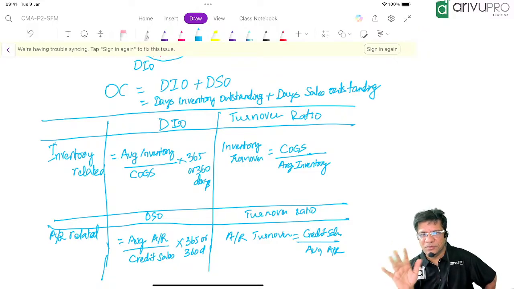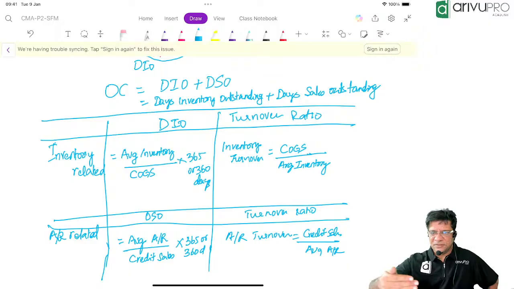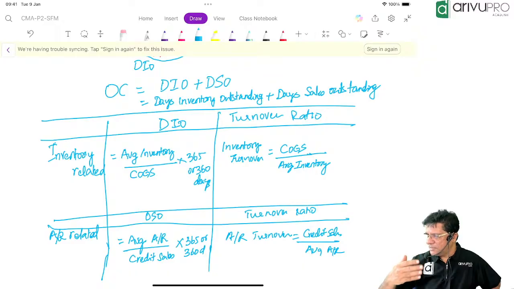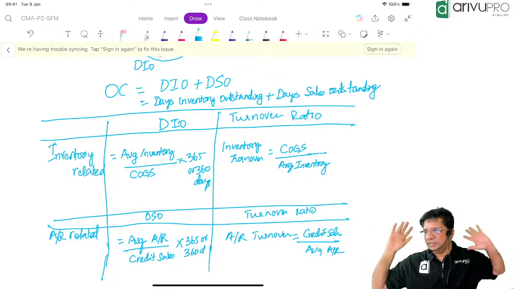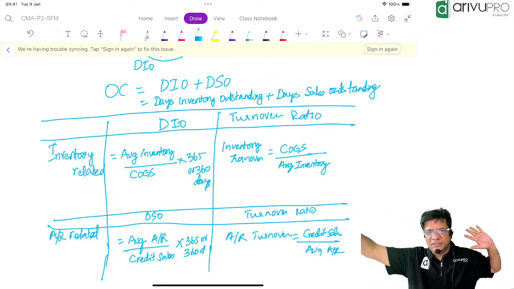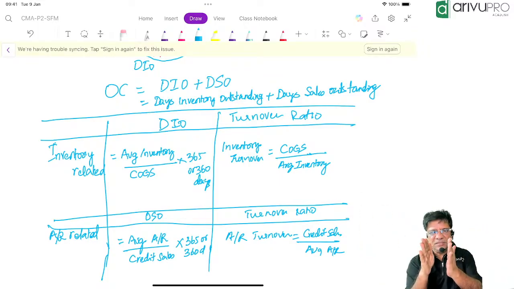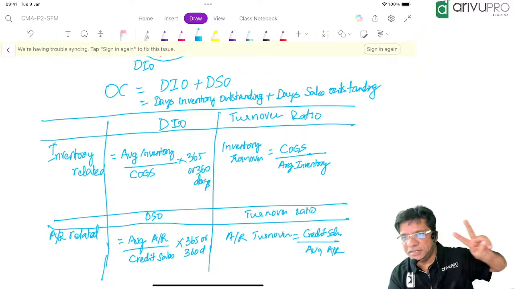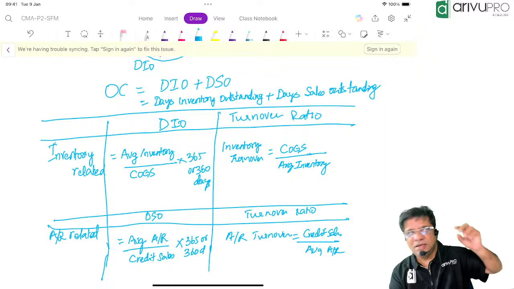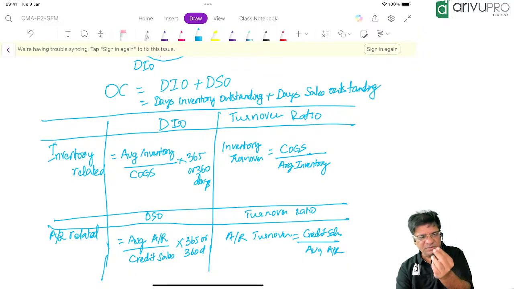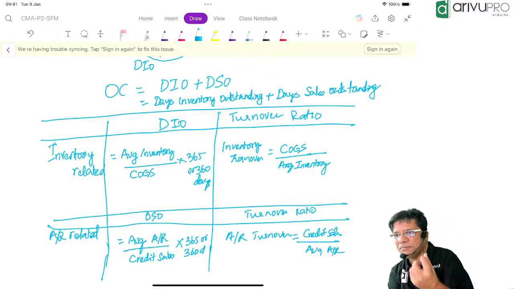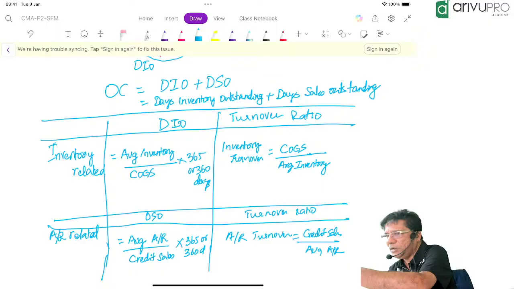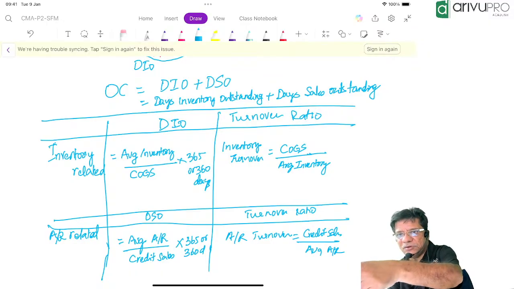No. If your company's operating cycle, which is days inventory outstanding plus days sales outstanding, is very large, let's say out of 365 days your company is taking 200 days from the date of purchase of raw material till the date of collecting cash from customers, and your competitor is doing it in 120 days, are you doing better or worse?